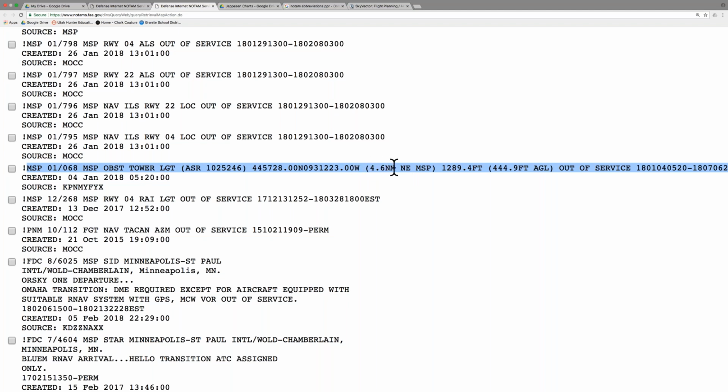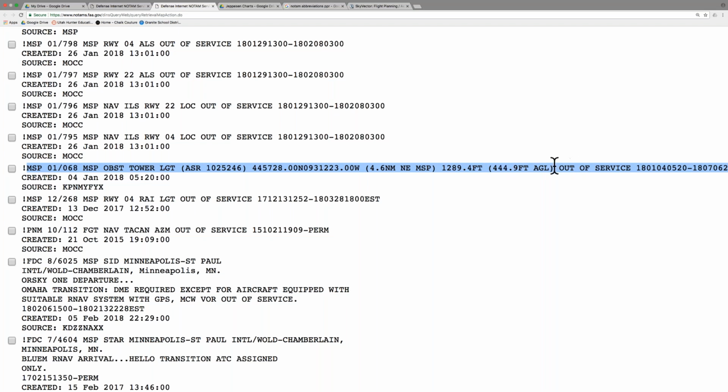It's basically 4.6 nautical miles northeast of the MSP VOR. Okay. This tells us the height of the tower. The top would be 1,289.4 feet MSL, or 444.9 feet AGL.